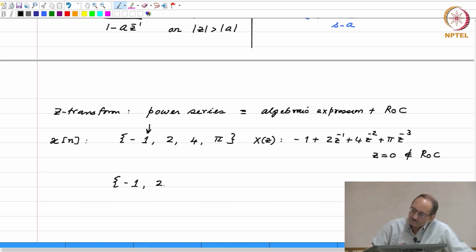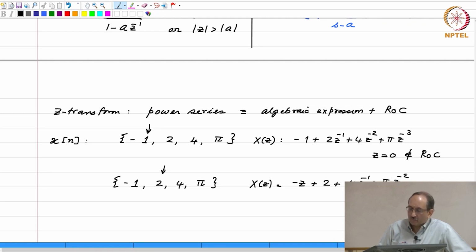Immediately you can see variants of this. Suppose you had this as the sequence, except now this is the n equal to 0 term. X of z will now be minus z plus 2 plus 4z inverse plus pi times z to the minus 2. And for what values of z is this valid, or what values of z is this not valid?